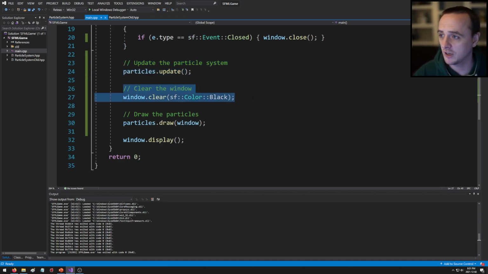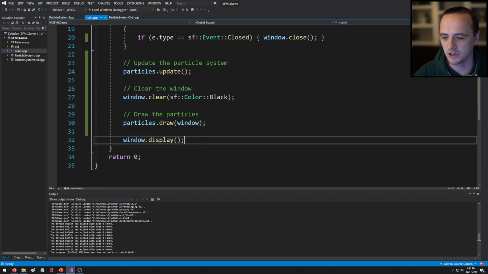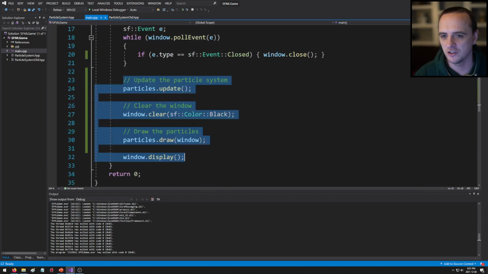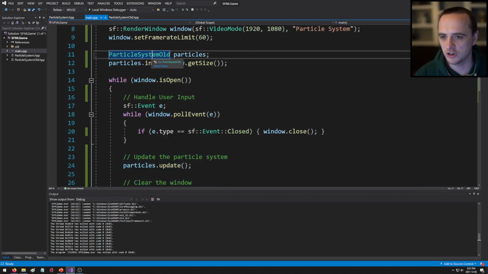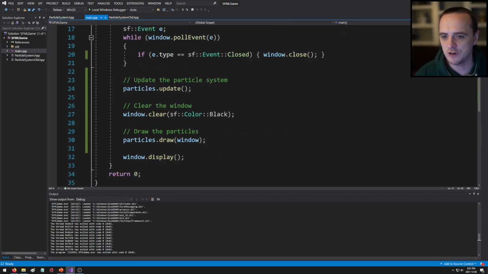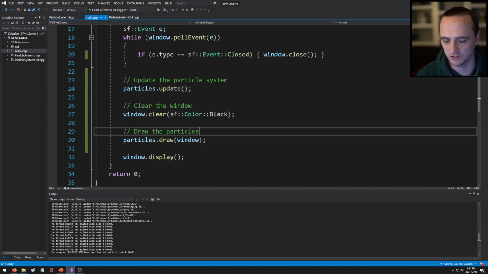Then I'm going to clear the window to black again. Then I'm going to draw the particles to the screen, and then I'm going to call window.display. So it's a very, very simple interface to this particle system. You construct the particle system and initialize it somewhere initially. Then every frame you call update and you call draw. That's it. Really simple interface to the particle system.